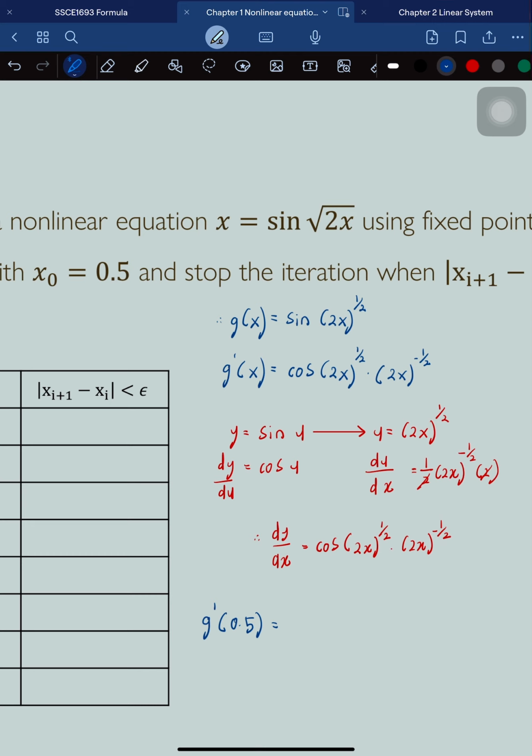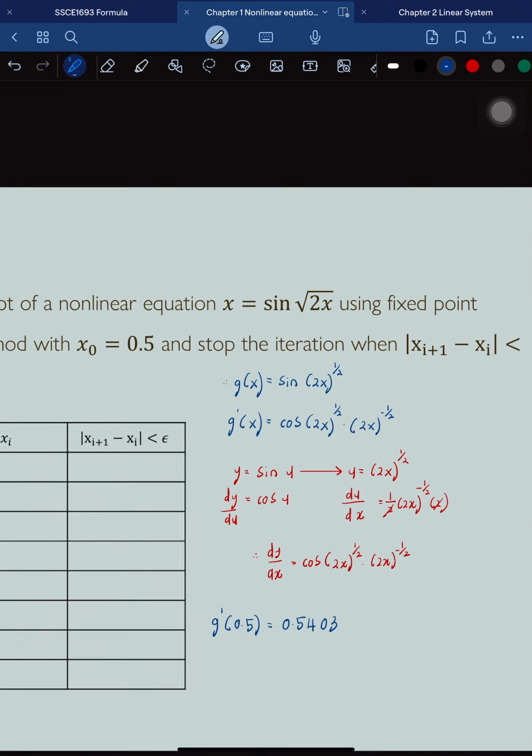So cos multiplied with the rest, your answer will be 0.5403.